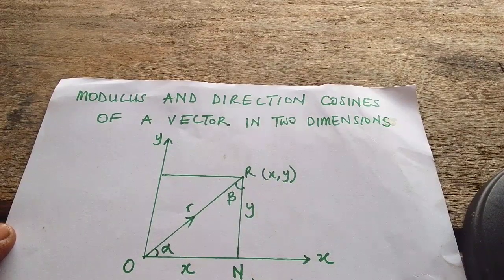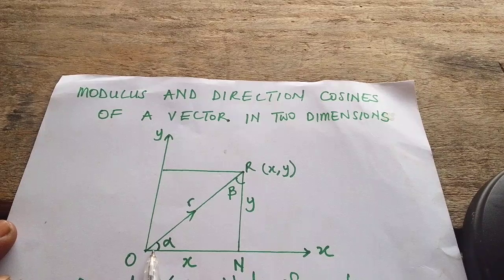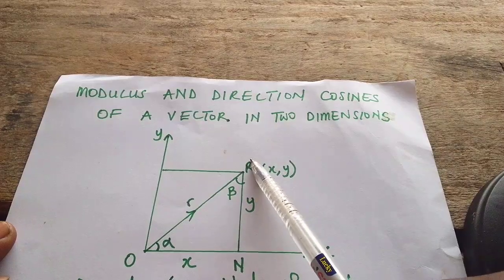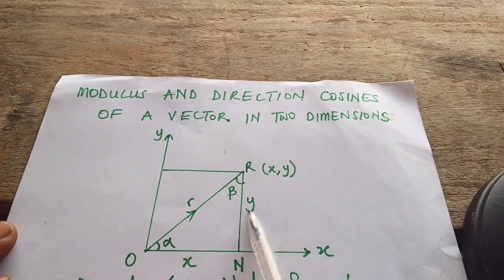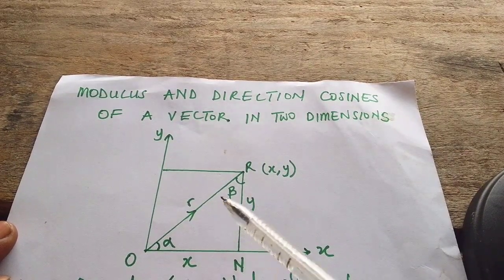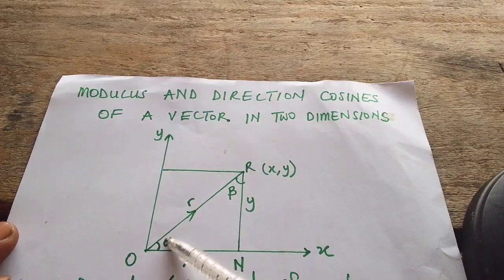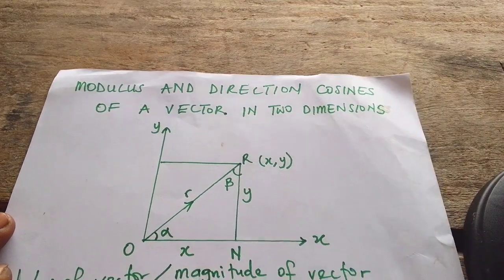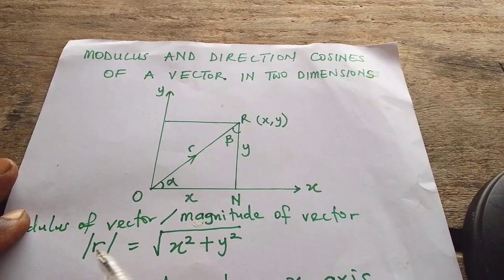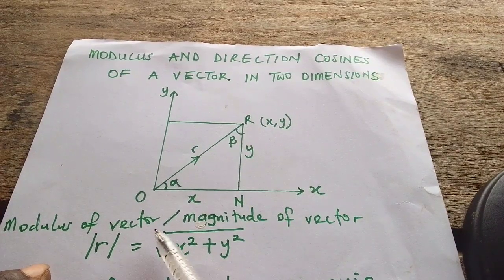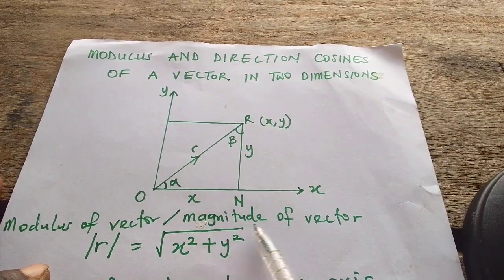Now you realize that the x component is the horizontal component, while this y is the vertical component. Now the modulus of the vector is the same thing as saying the magnitude of a vector.